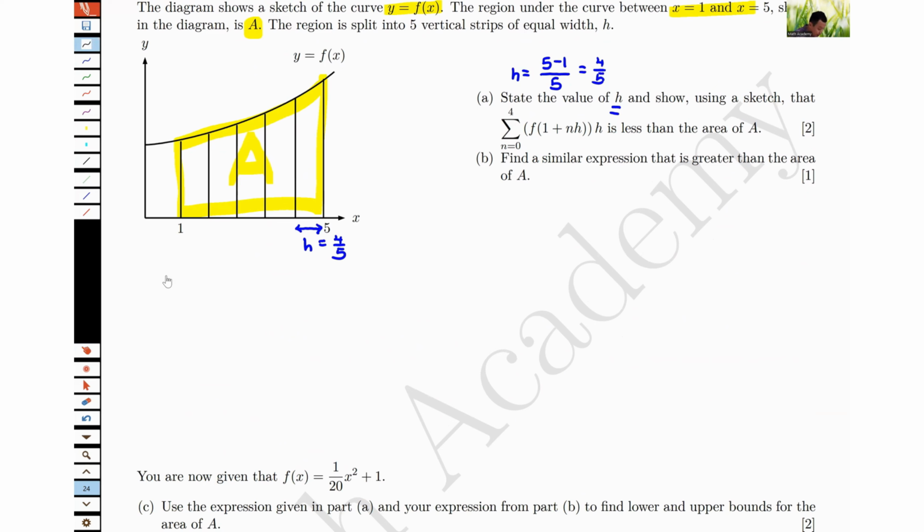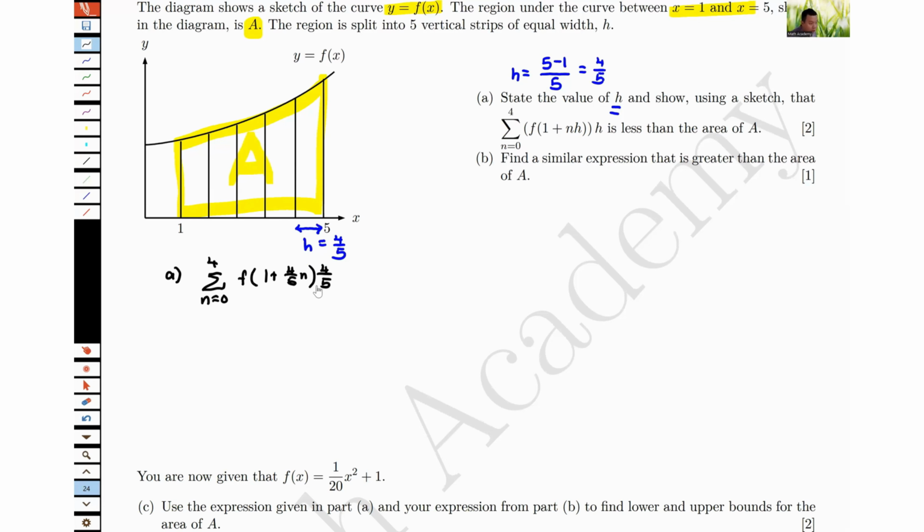Okay, so part A, let me do it on the left-hand side. The h value is 4/5. Can I substitute that into my expression first? So n is 0 to 4. I have f(1 plus n times 4/5) times another 4/5. The n stays, and h is replaced.